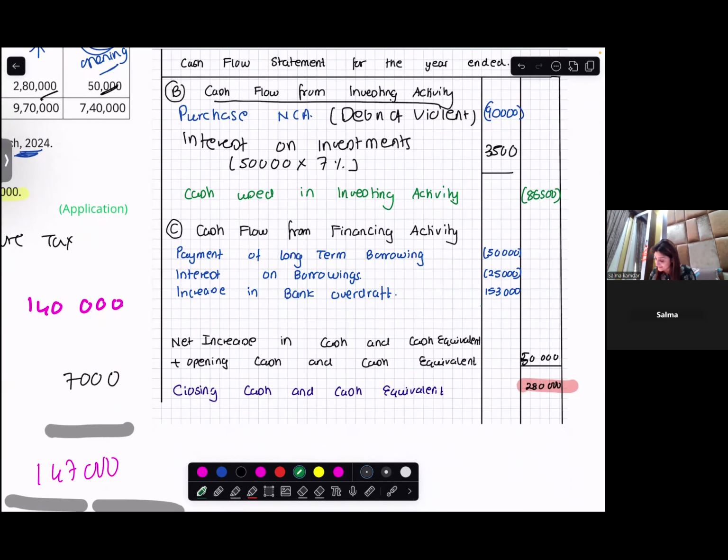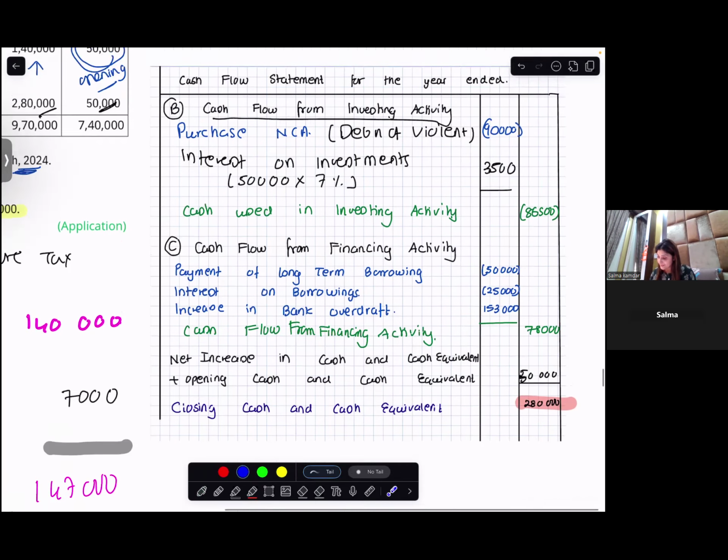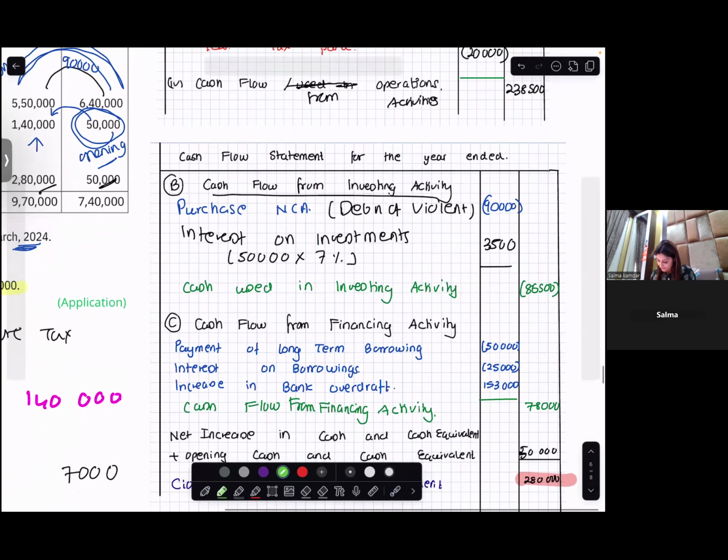Then from financing activity, there will be cash flow from financing activity. So this is a positive 78,000. So when I do 50 minus 50 minus 25 plus 153, I get a positive 78,000. Now I'm going to add these three figures. Which three figures?